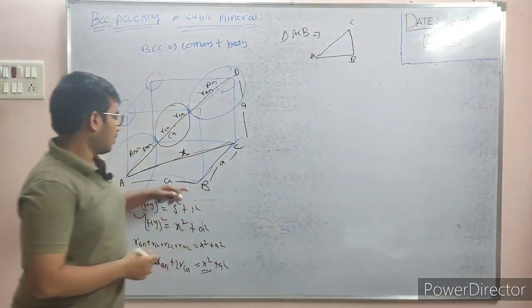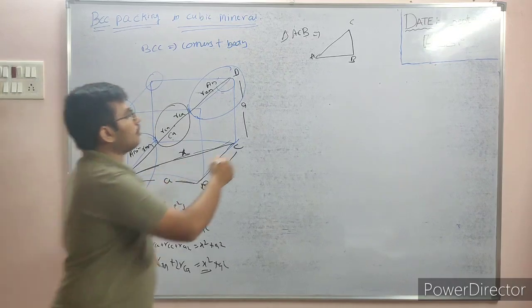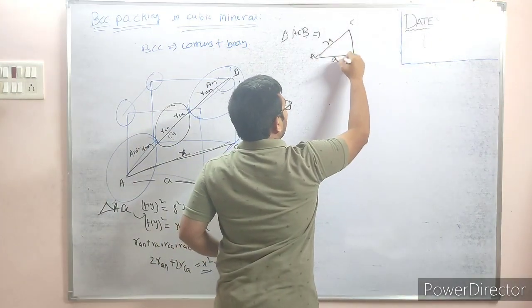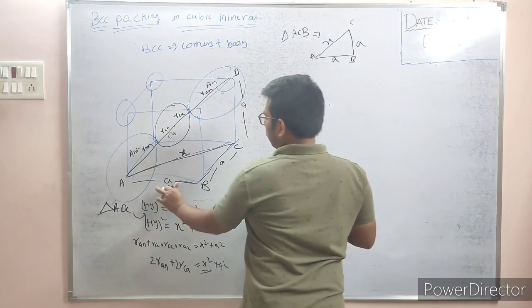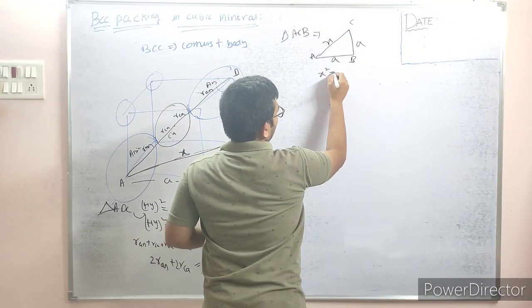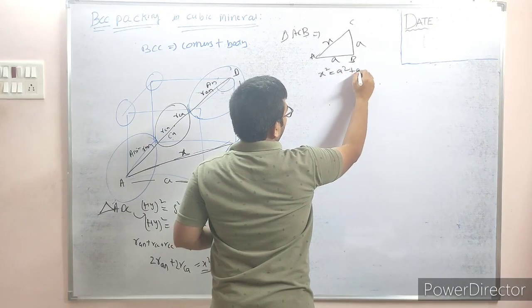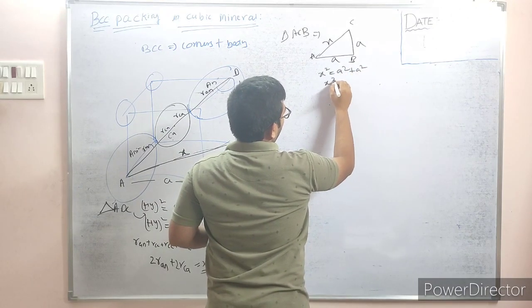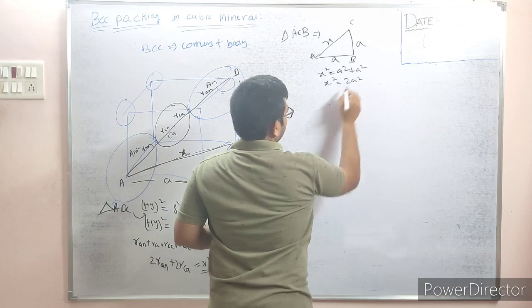So this is the right angle triangle, and we know this is x, and we know this is a, and we know this is a, right? This is a and this is a, we are putting a. So x square is equal to a square plus a square, which is x square is equal to 2a square.